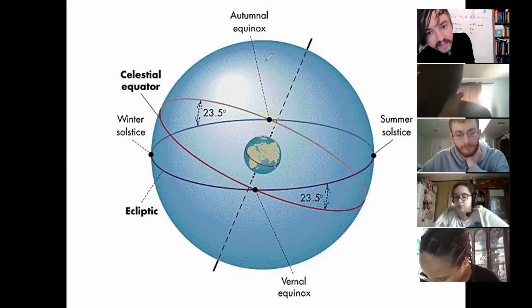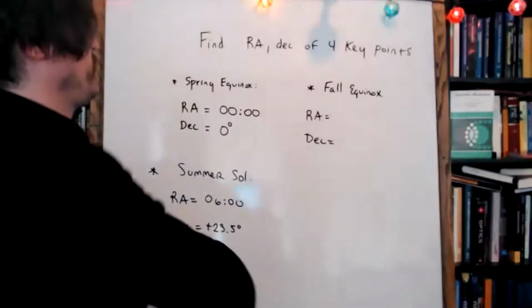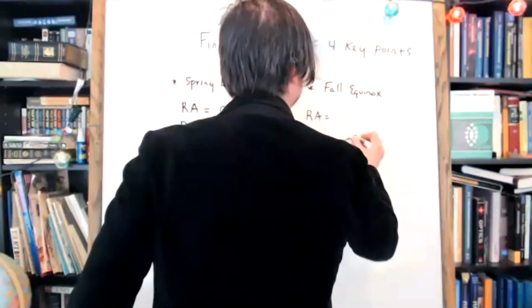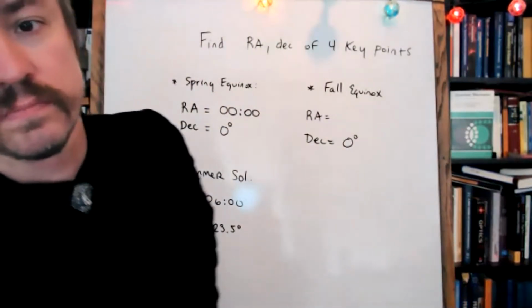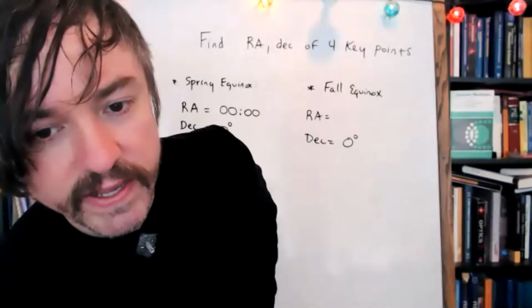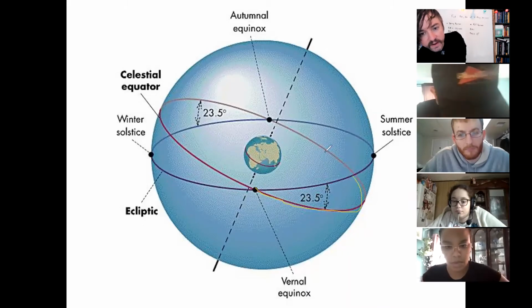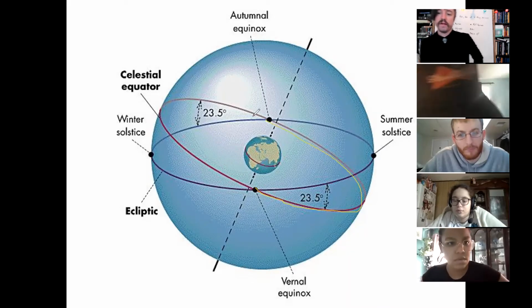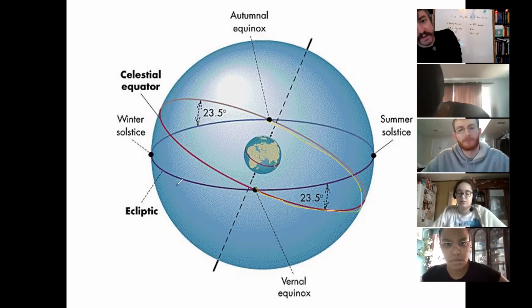So it's back on the celestial equator. So the declination is clearly 0 degrees. How about the right ascension? Let's look at the picture again. So the right ascension is how many hours from here to here? 12? Good. Okay. Nicely done.